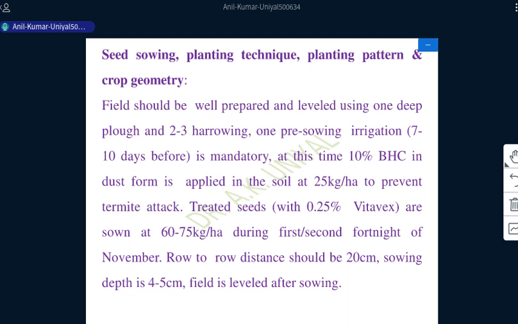In the northern part it could be around October, or in the southern part or other parts where warm conditions exist, it could be the first or second fortnight of November. Here the row to row distance should be 20 centimeters, and the sowing depth is around 4 to 5 centimeters, and finally the field is leveled after sowing.